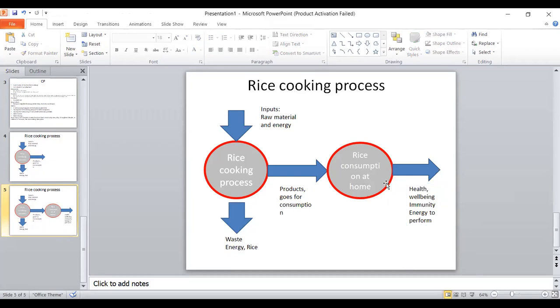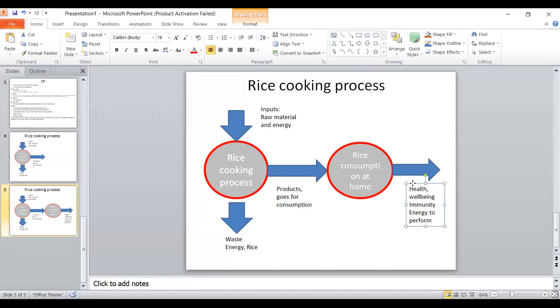So this is about the rice cooking. Not fried rice like nasi goreng and all. Occasionally okay, but these days please don't take those, because fried rice is not good for health or immunity.